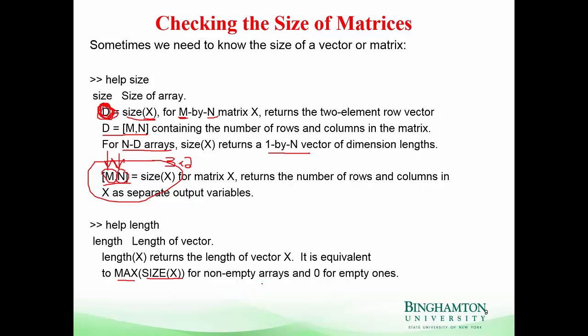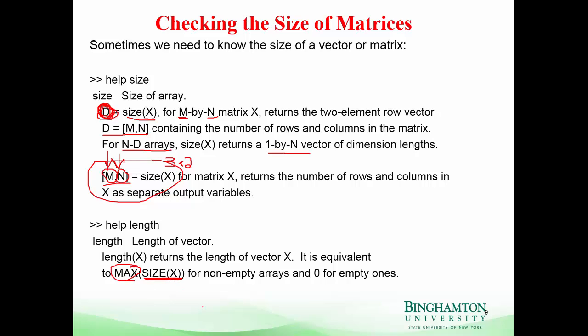So if we were to do size x for a vector, it would give us a vector with a 1 and another number in it, and then the max command extracts the largest element in a vector.